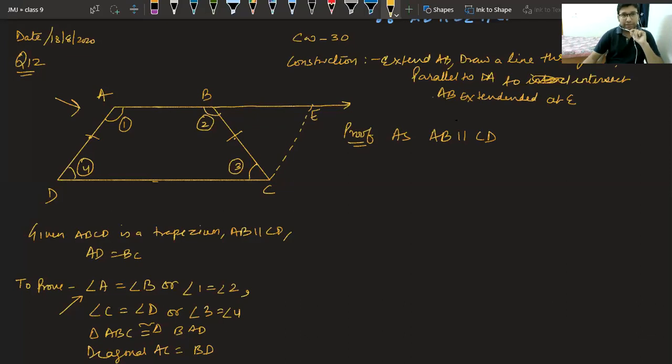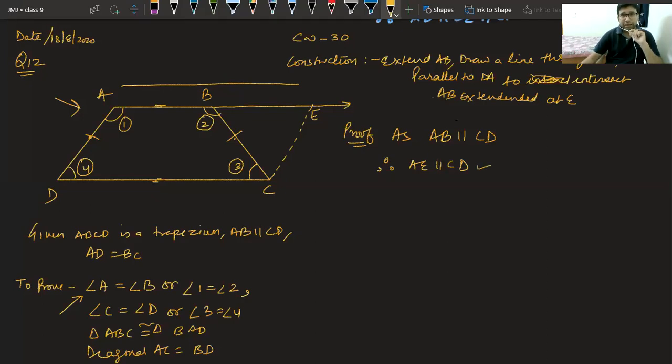Now, as AB and CD are parallel, therefore, can we say AE parallel to CD? Class, please confirm. If AB and CD are parallel, can we say the complete AE and complete DC is also parallel? Please confirm. Can we say yes? So first thing we have got AE parallel to CD.